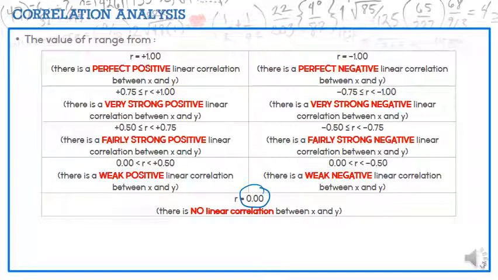Magnitude 1 indicates perfect, and 0.75 to less than -1 indicates a very strong relationship, and so on. So in your interpretation, please make sure that you state what is the strength of the relationship, the direction of the relationship, and between what variables.